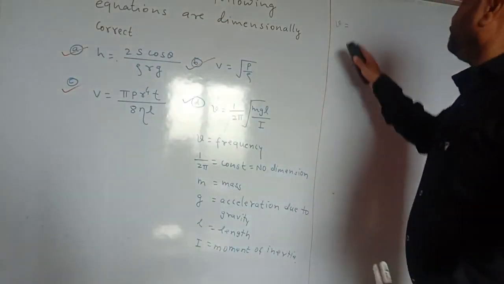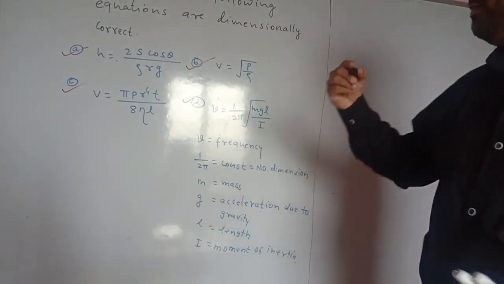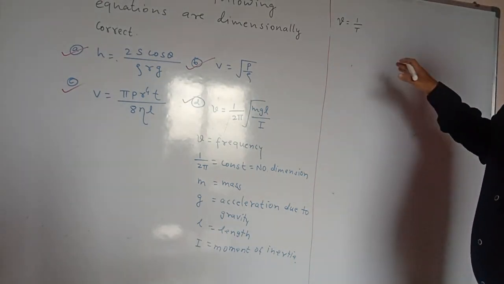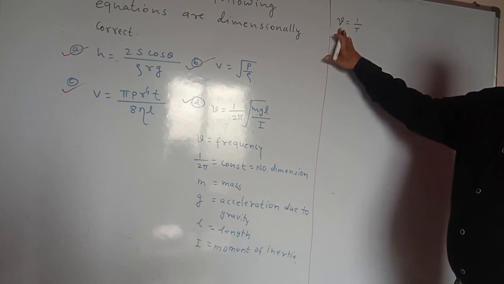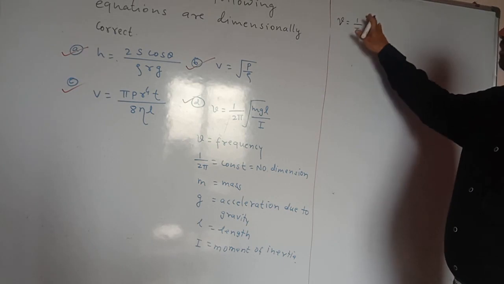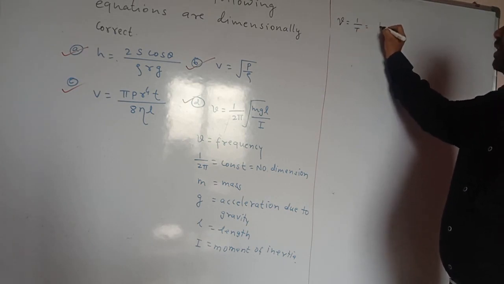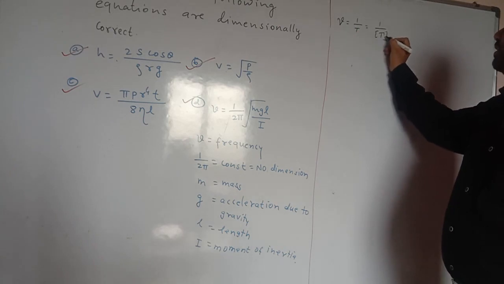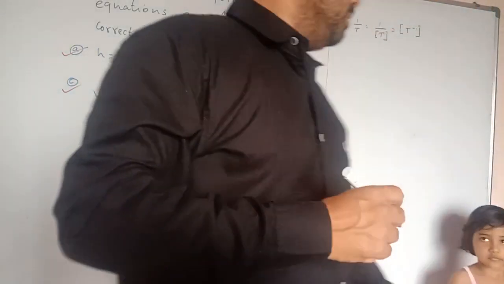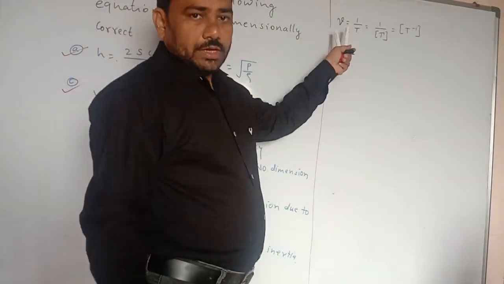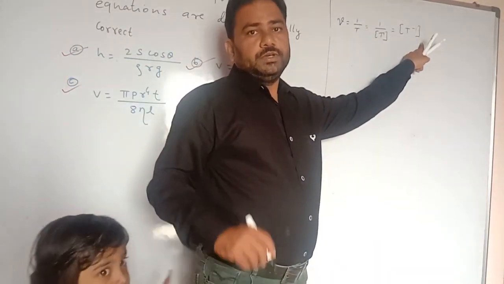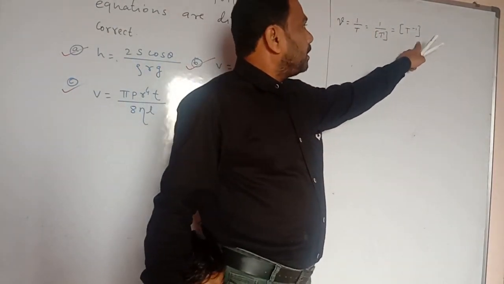So ν = 1/T, and 1/T means 1/T¹, which becomes T⁻¹. So this is the dimension of frequency. The dimension of frequency is ν = T⁻¹.